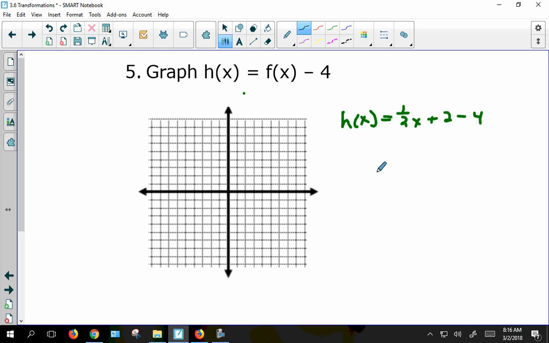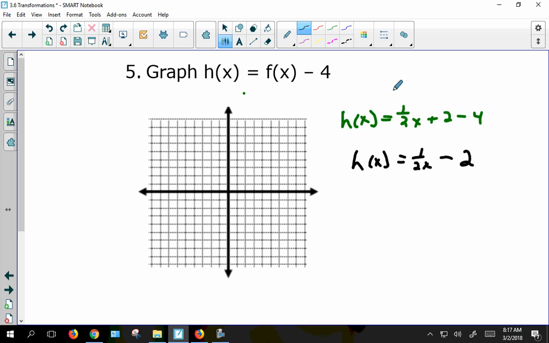What does h of x equal, guys? 1/2 x what? No, because it's +2 minus 4. What's 2 minus 4? It's -2.